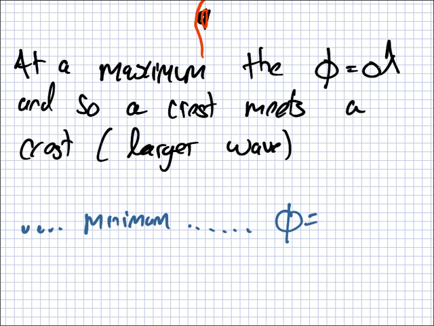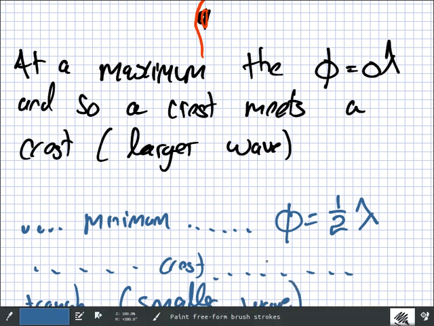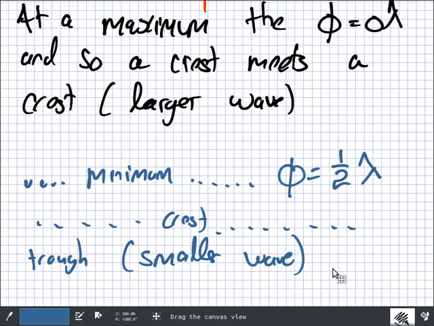If you have two waves and you move one of them one wavelength, it's really the same. A half. Which half is crest? Yeah, correct. So a crest meets a trough, and this makes a smaller wave. Is that okay? So 2 marks and 2 marks.